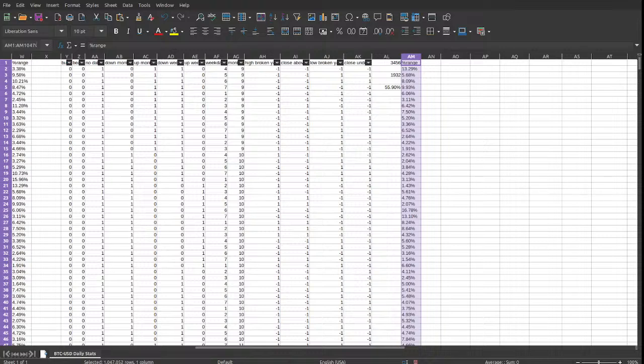So these up week candles account for about 55% of the candles, which actually, yeah, that falls in line with the weekly data.